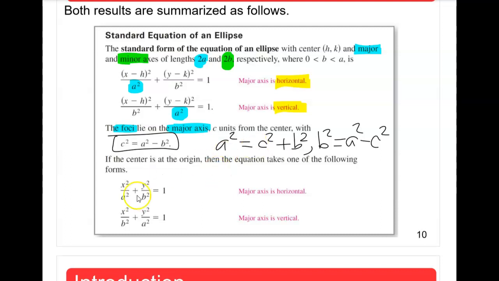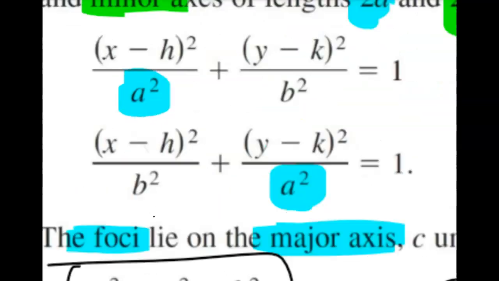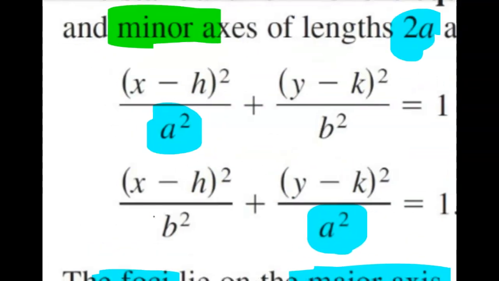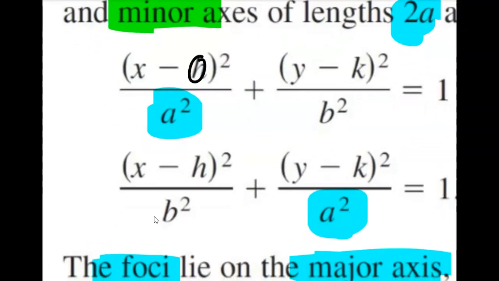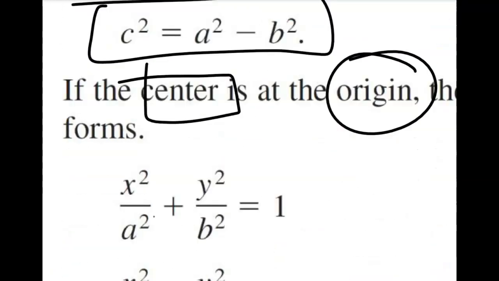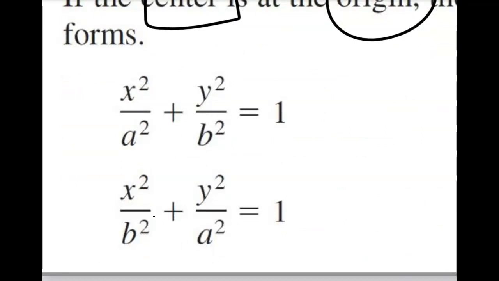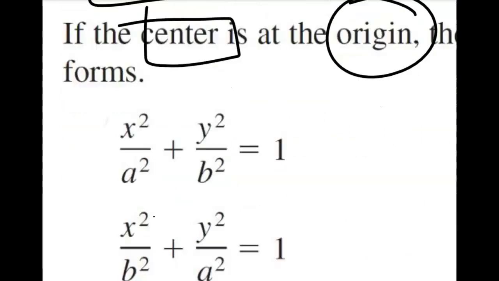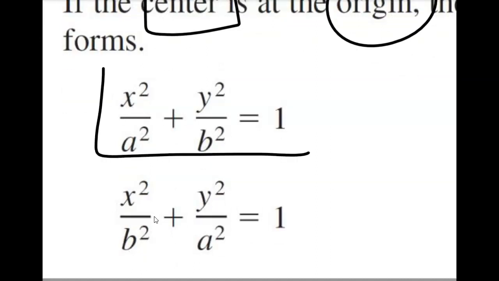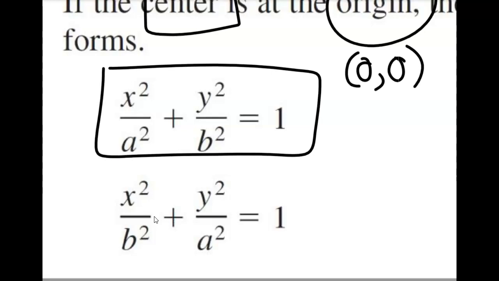So if your center is at the origin, then your h is equal to 0 and your k is also equal to 0. So if we were to replace h and k with zeros, then we will get something like what we see here: just x squared and y squared by itself if the center was at (0, 0).